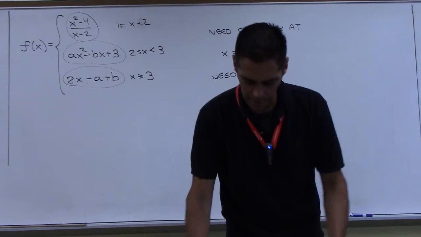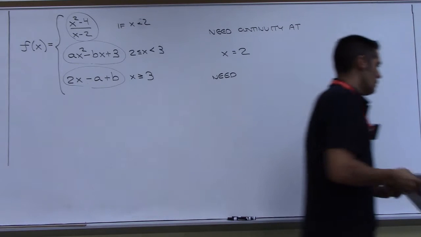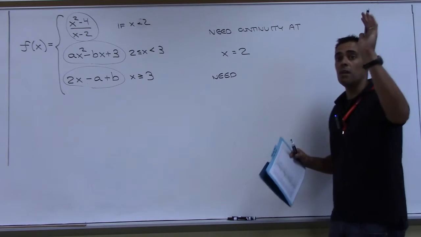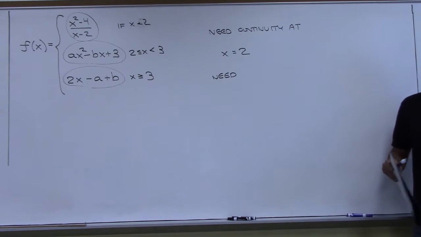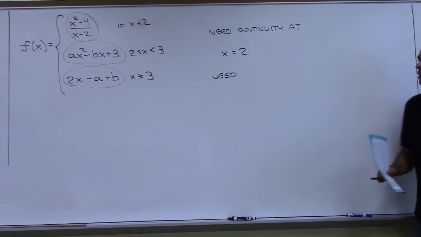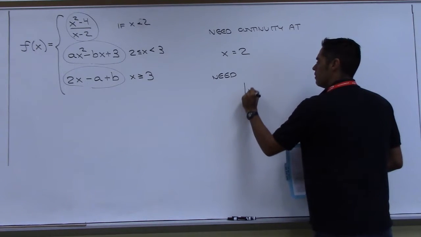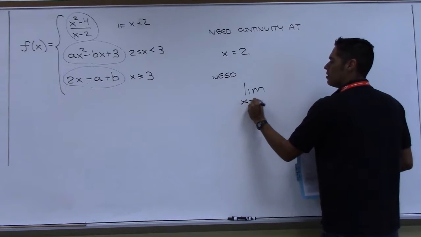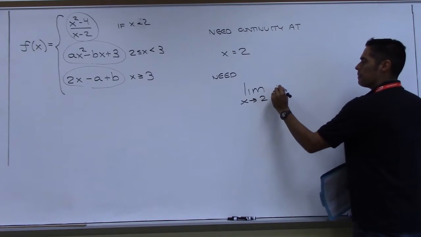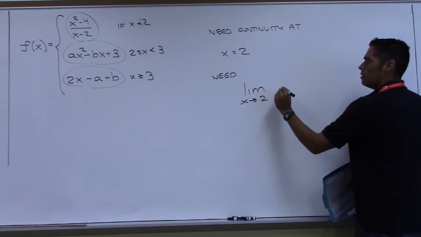Who wants to tell me for a little bonus point here? I'm not giving you a hard problem. I just want a volunteer to tell me what the definition of continuity would mean there. Go ahead. The limit of f of x as x goes towards 2, of x squared minus 4 divided by x minus 2.